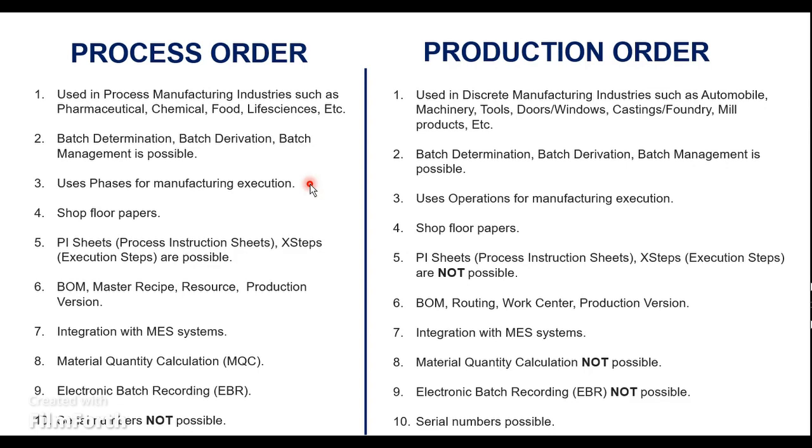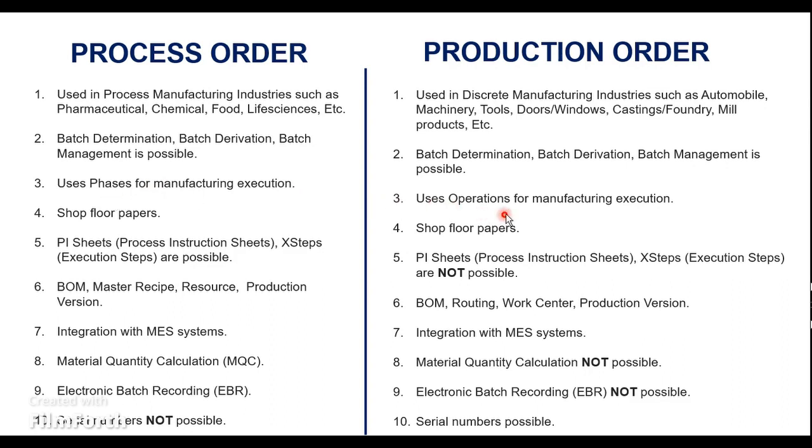So there we typically use a reactor, right? For that reason, we do not define operations in the process order, but we create them as a phase. And then the PI sheet that we create in the process order will be based on the phases that we have defined in the manufacturing process.